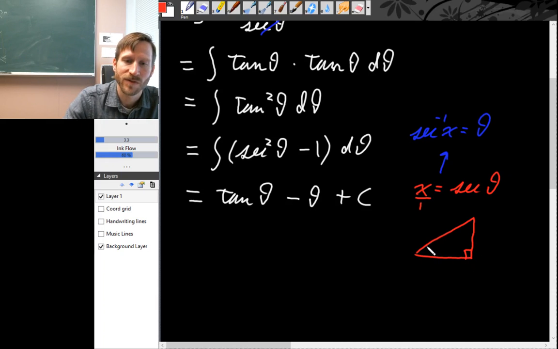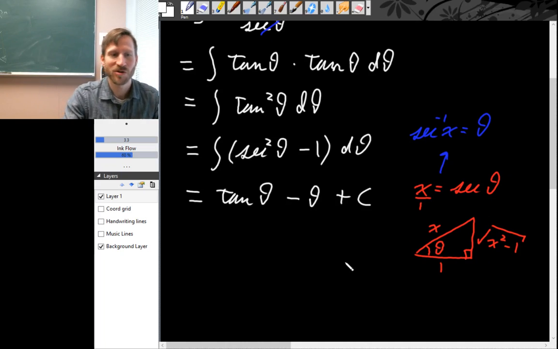If theta is this angle down here, secant is hypotenuse over adjacent, so the hypotenuse had better be x, and the adjacent side had better be 1, and that means this opposite side is the square root of x squared minus 1 squared. 1 squared is 1.